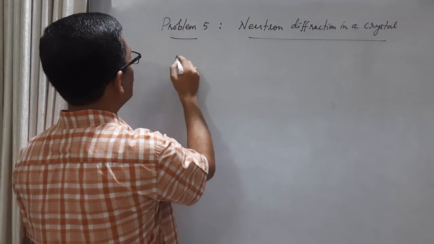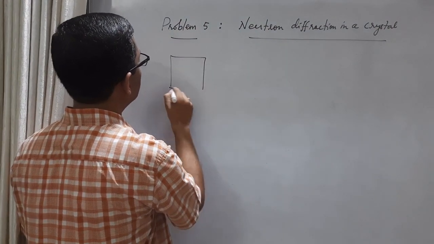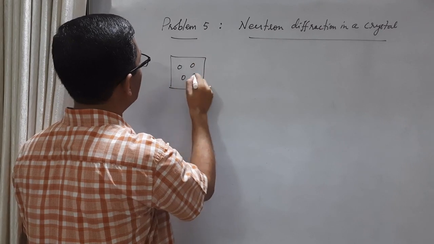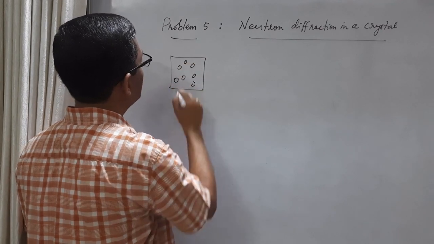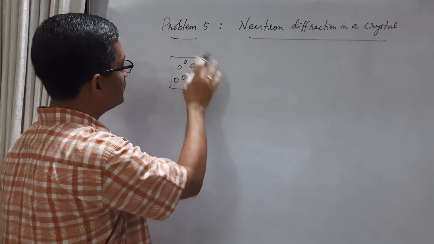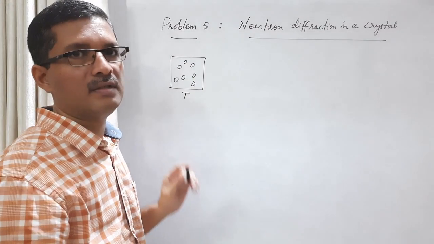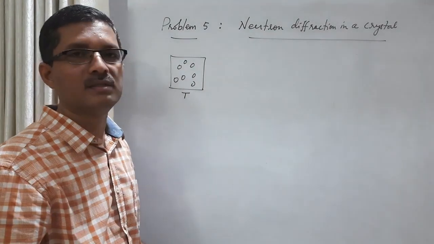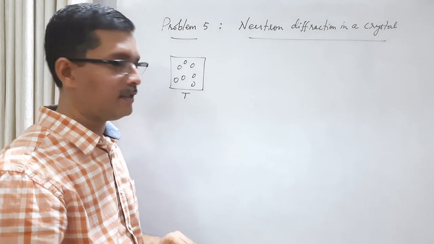Suppose we have a collection of particles in a container which is at a temperature T. So we have a collection of particles in thermal equilibrium at temperature T.